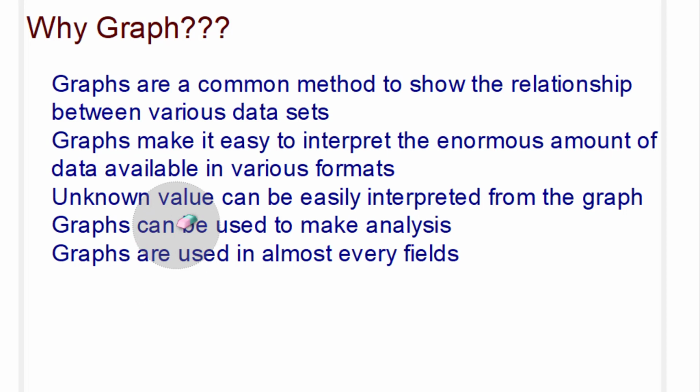In many cases we have an enormous amount of data, and a graph makes it easier to visualize it in a proper way so that it becomes easier for us to make the analysis. Unknown values can be easily interpreted from the graph, as we'll see. Graphs can be used to make analysis, and they are used in almost every field.